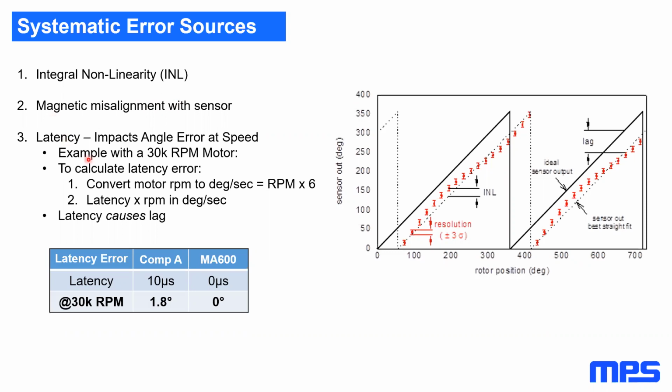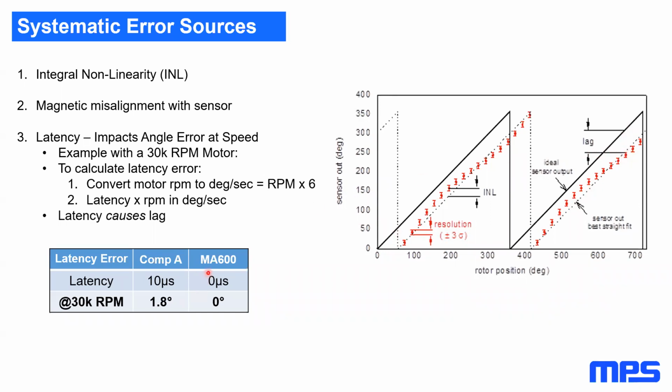So I kind of jumped ahead before to talk about latency, but let's take a look at how it actually affects things. Let's assume that we're running at 30,000 RPM. It's a relatively quick motor. So 30,000 RPM, 0 to 360, 0 to 360. And if we've got a latency of 10 microseconds, that directly translates into a 1.8 degree lag.